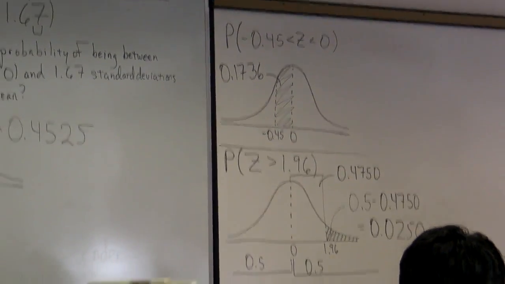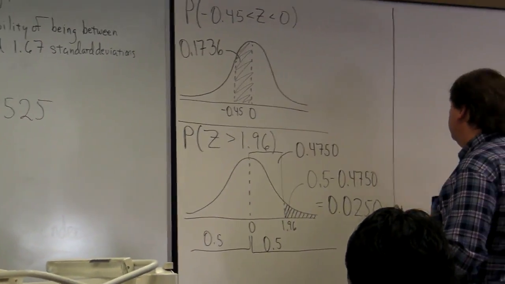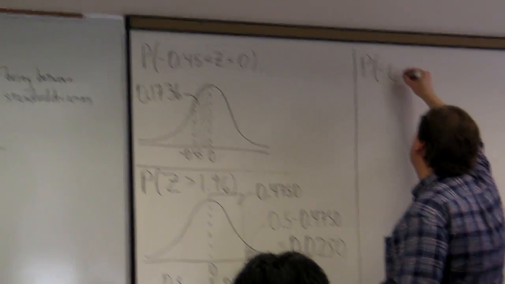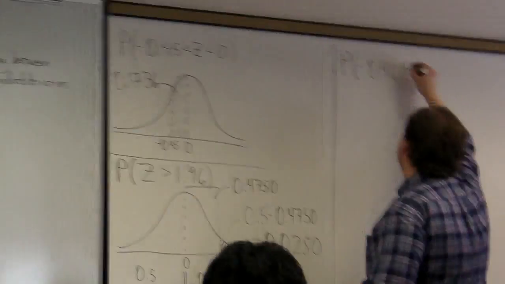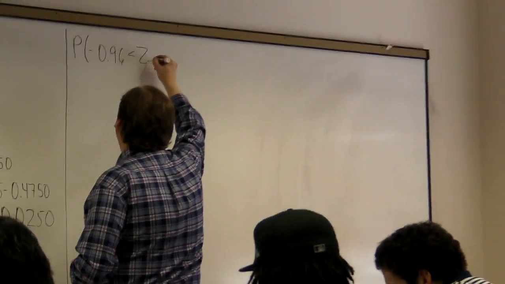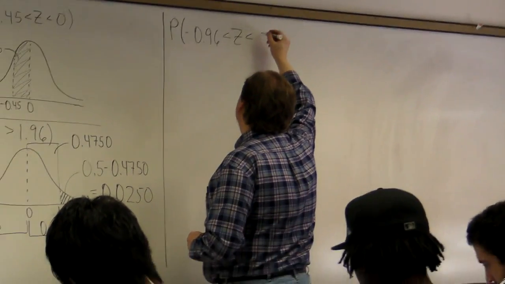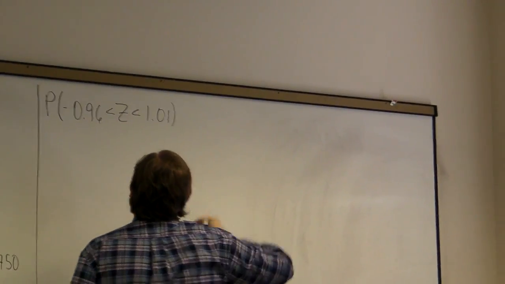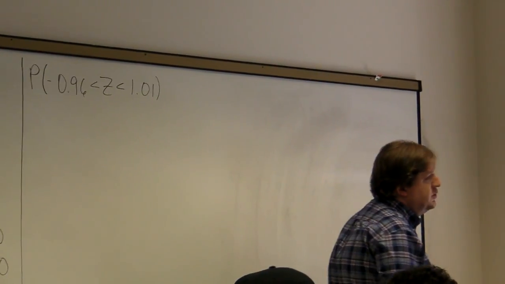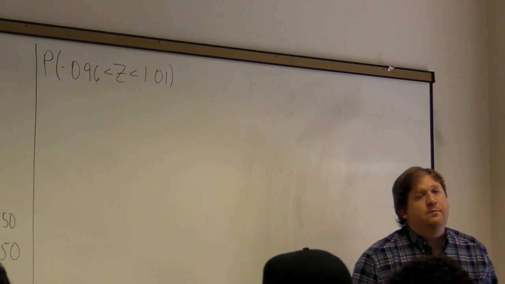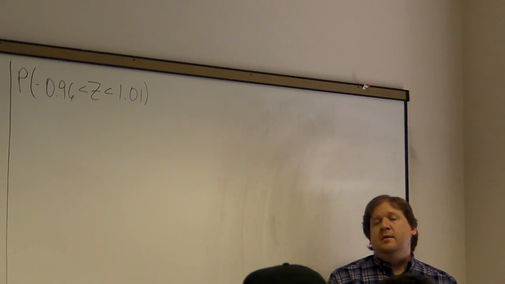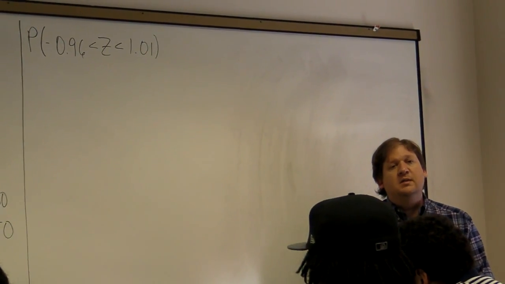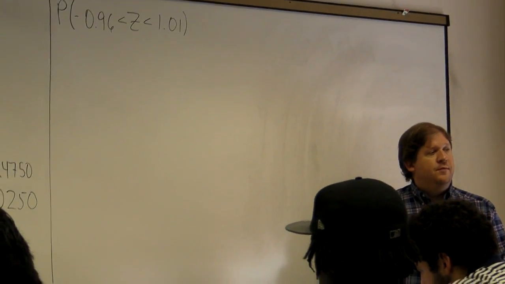So let's do another one. What's the probability of being between 0.96 standard deviations below the mean and 1.01 standard deviations above the mean?